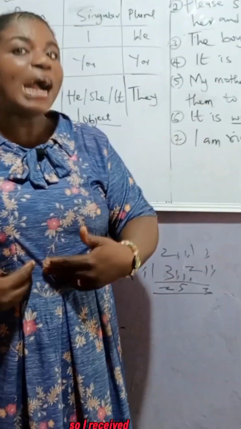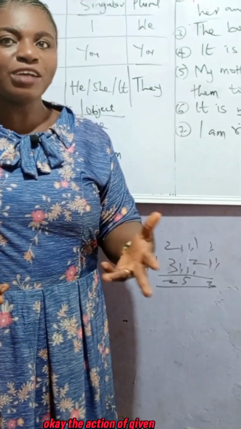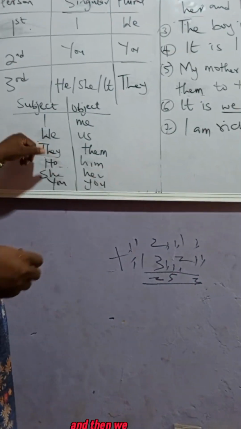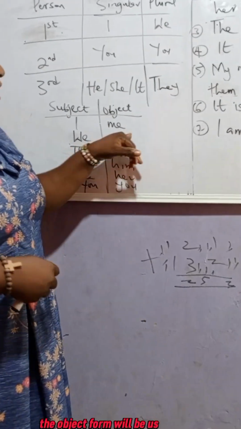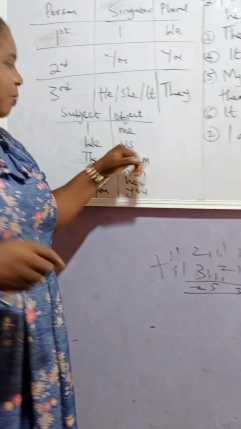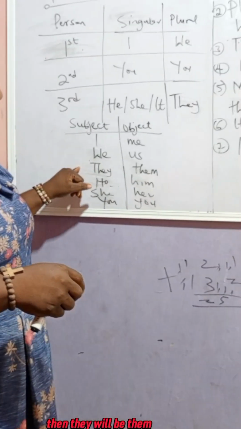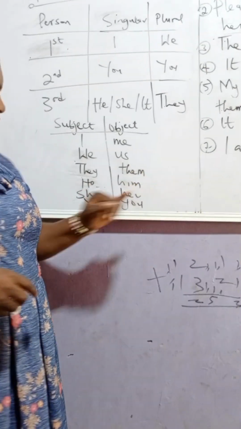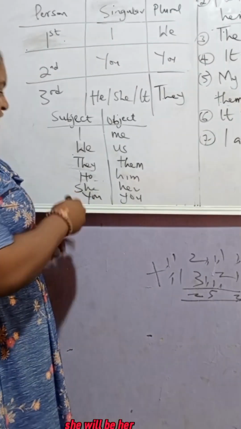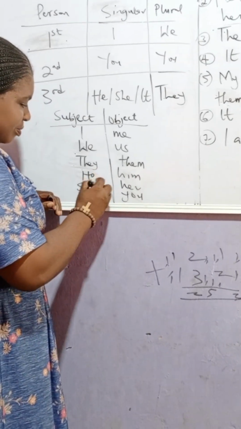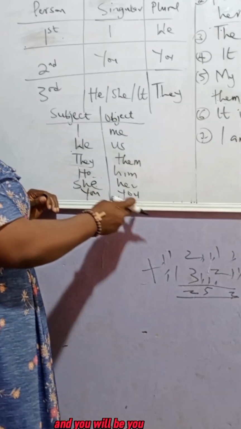She gave me, so I received, okay, the action of giving. And then we, being the subject, I and others, the object form will be us. Then they will be them. He will be him. She will be her. And you will be you.